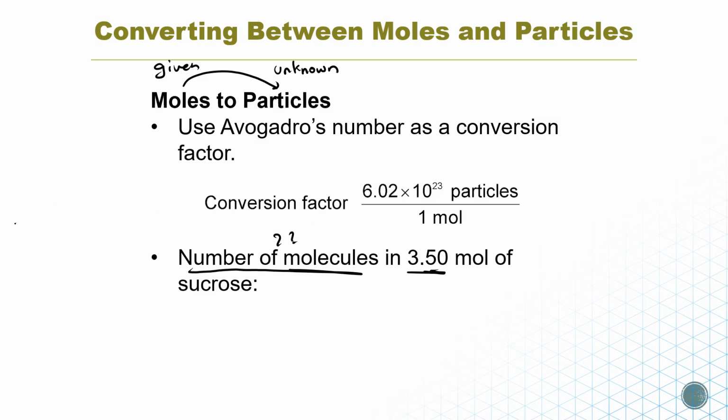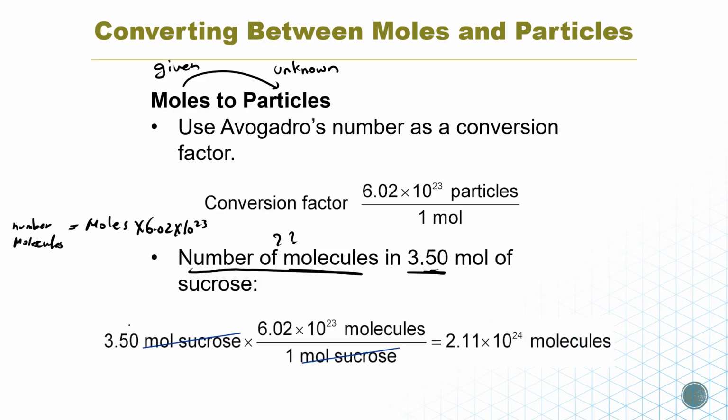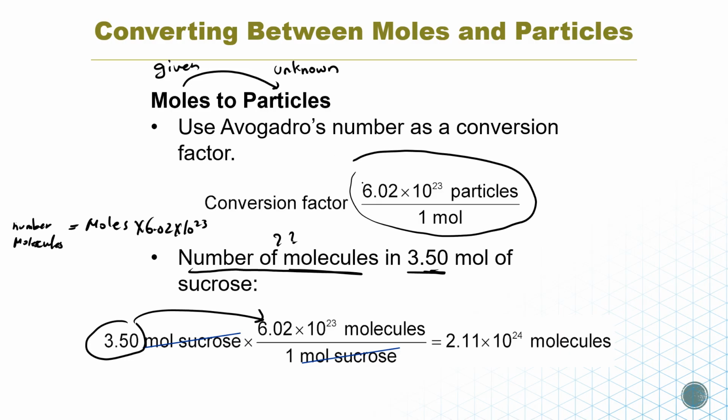Remember, I told you that in number of atoms, molecules, whatever, it will be moles times 6.02 times 10 to the power 23. So basically that's what they did. They multiplied this by 6.02 times 10 to the power 23. They use this conversion factor, okay, which allows you to cancel the mole with the mole, the way we talked about a little while ago.